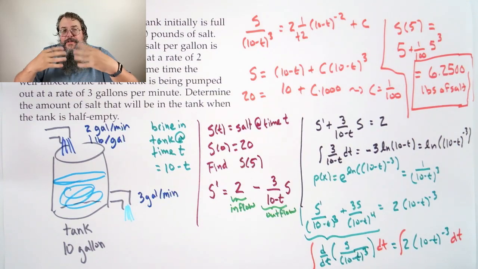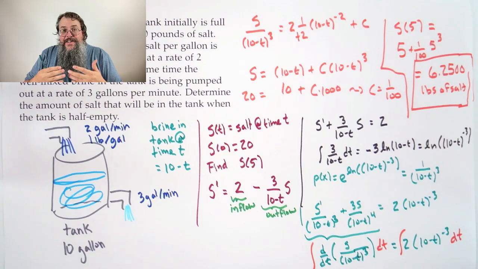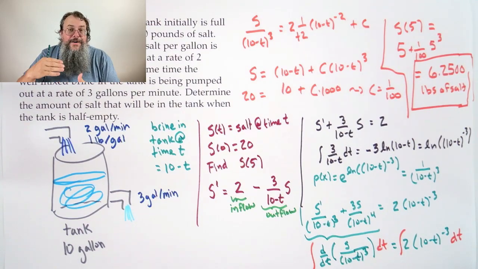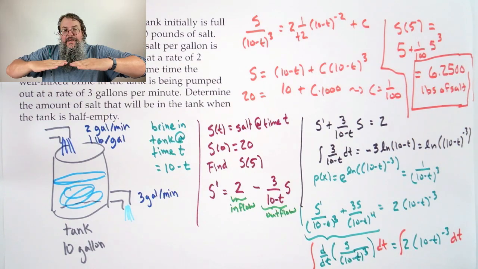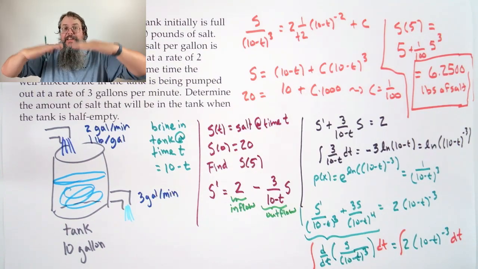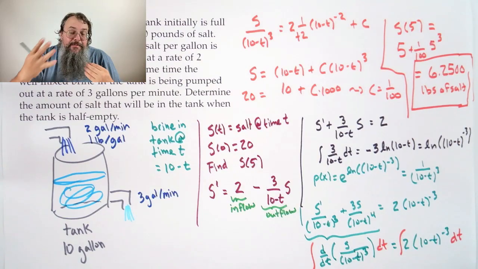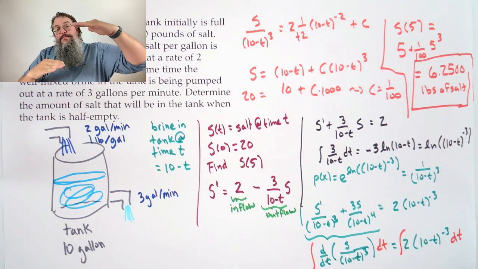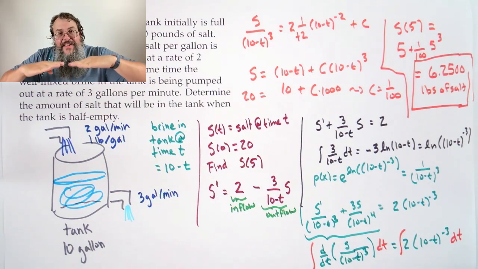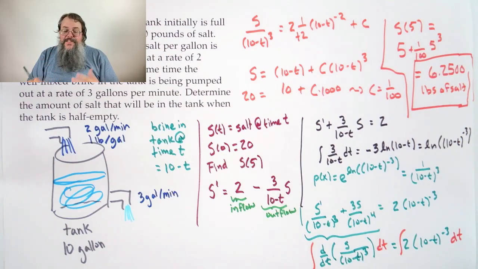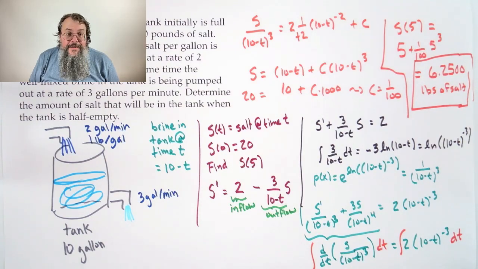So after a few minutes, the water should become less salty than where it started because you're mixing in fresher water. So if we had only just drained the tank halfway, we should have 10 gallons. A 10-gallon tank. There's 5 gallons left. We'd have 10 pounds of salt left. But because we mixed in water that was not so salty, it's less than 10 pounds. So that matches our intuition, which means I think we did it right.